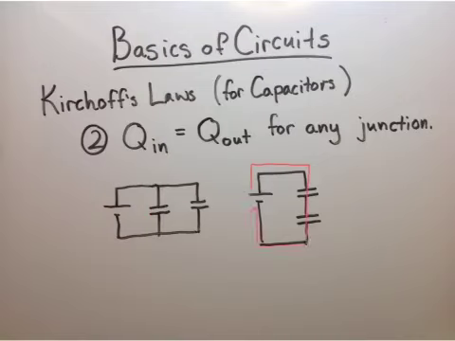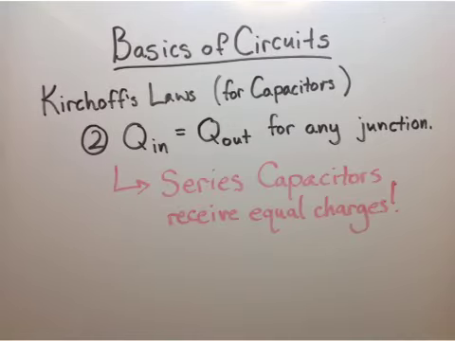Both capacitors get the same charge, regardless of whether or not they have the same voltage on them, which, if they're different capacitances, they definitely will not have the same voltage on them when they're in a series arrangement. So there's our next really important thing to write down. Series capacitors receive equal charges. That one's a weird one, so let me explain.